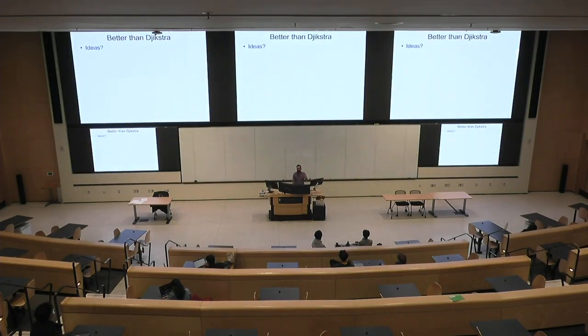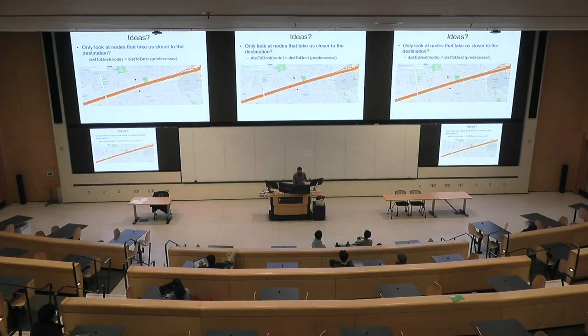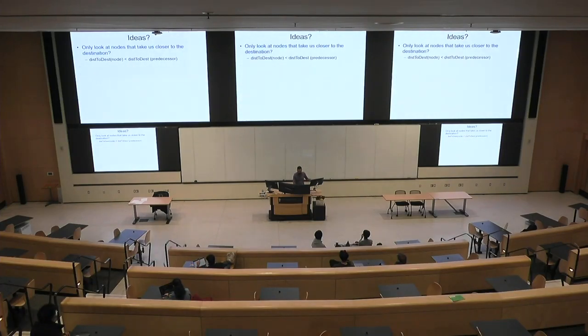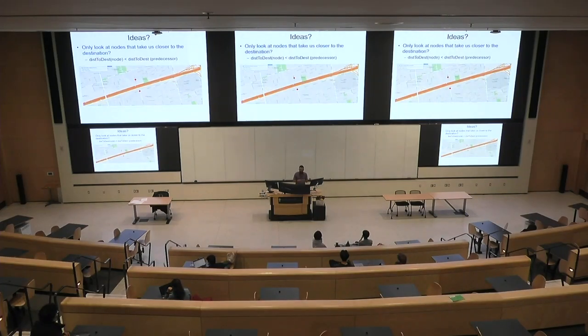But we have to be careful. Sometimes we miss nodes that we have to visit. The idea is basically trying to take the node that has a smaller distance to the destination from the other nodes. Okay? But let's take this example. This example is trying to go from this node to this node, and between them is a highway, right? So we need to cross the highway somehow in order to go there.